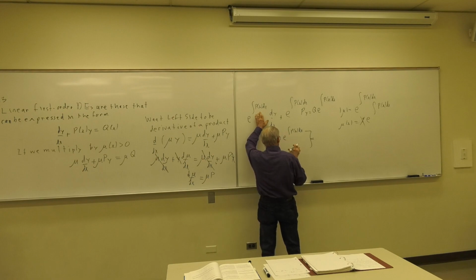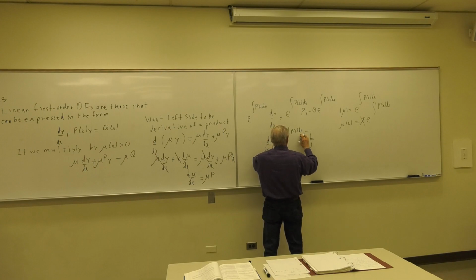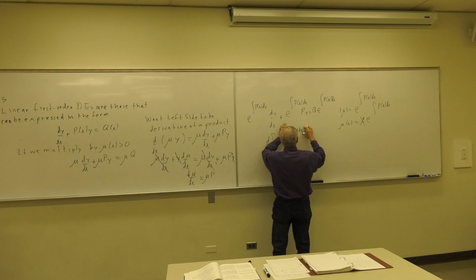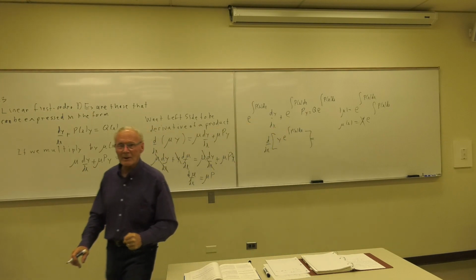The check is this one times the derivative of that one equal to that one. So there's the y. If you differentiate this, the derivative of e to the anything is e to the anything times the derivative of that anything, that's p. Yes! All right? It works.